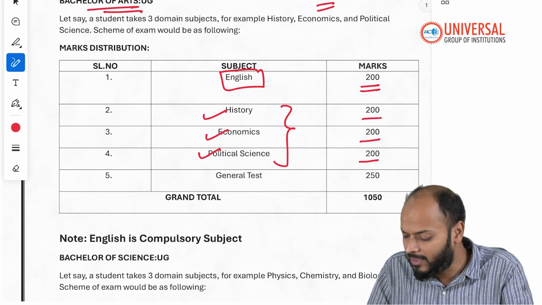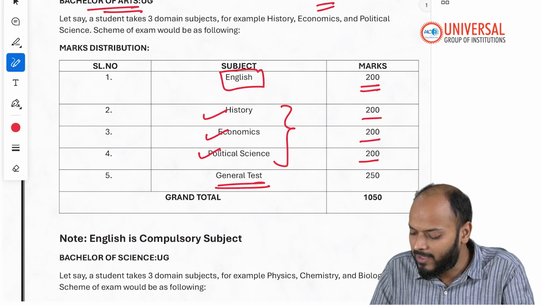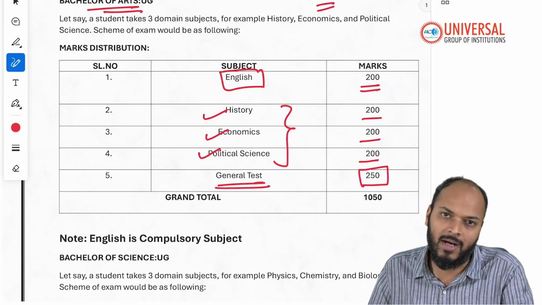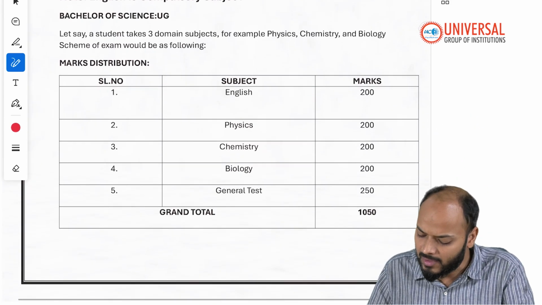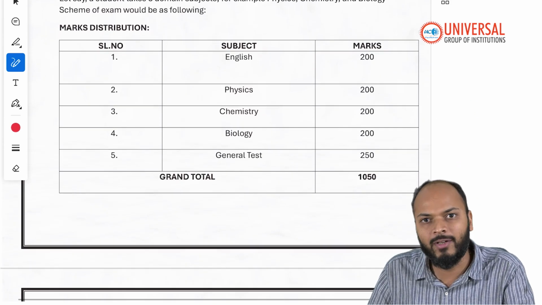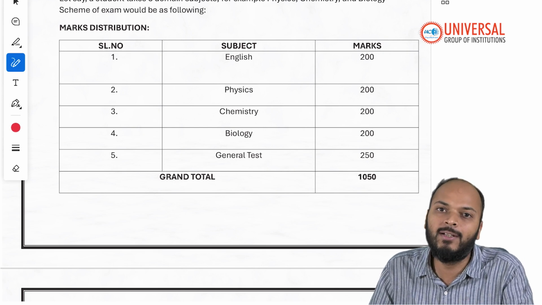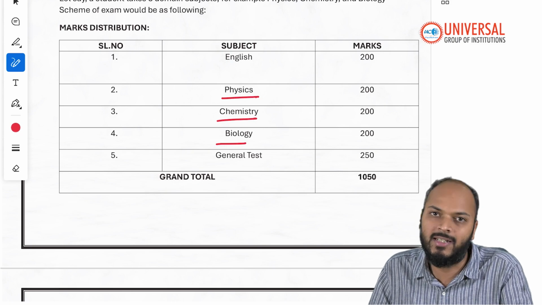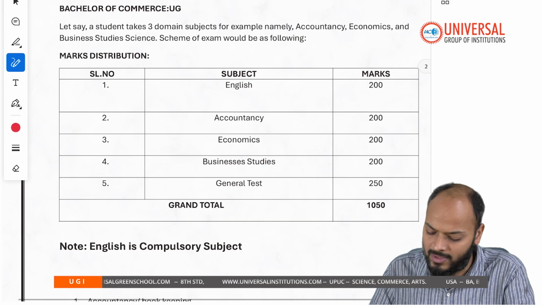Each of these 3 papers will be of 200 marks, right? And the last paper is the general test paper, which is of 250 marks, and hence the total will be 1050. Now if we take the example of a science subject, or if you are writing for a BSc course, then you can take subjects like physics, chemistry, biology here, and again the total marks will be the same, 1050.